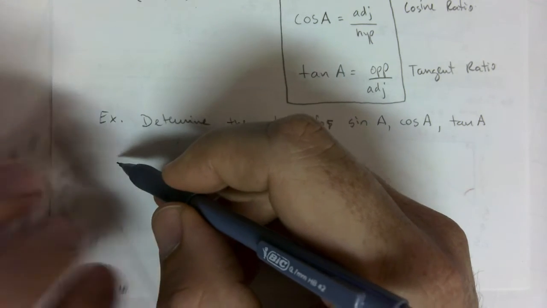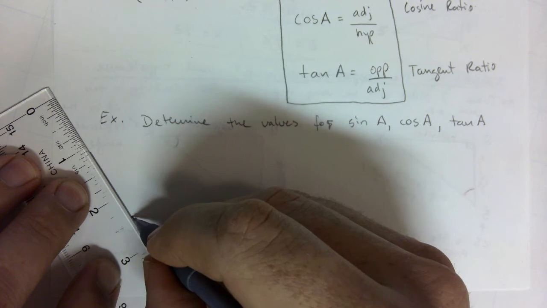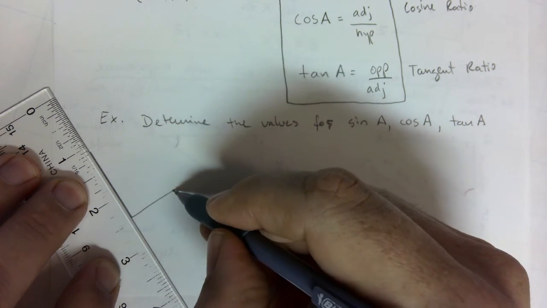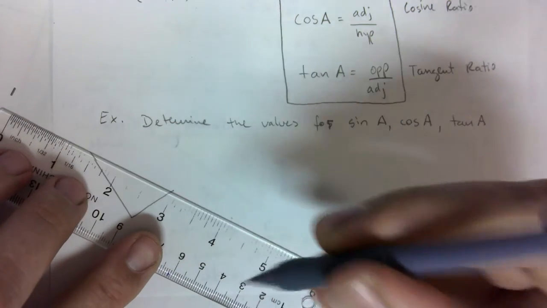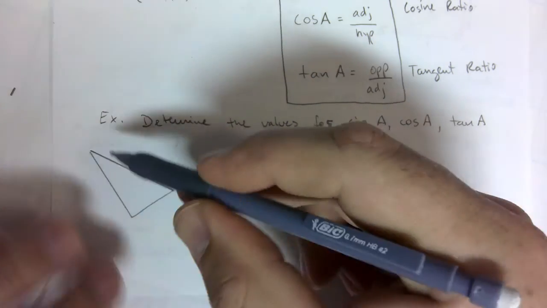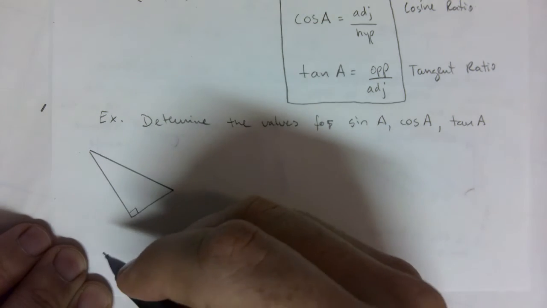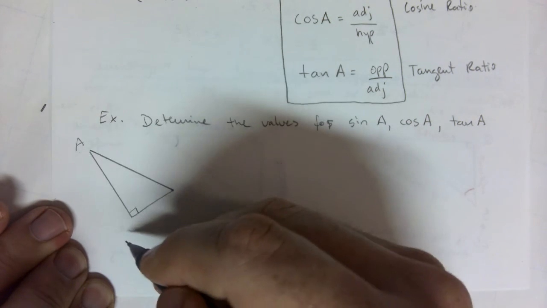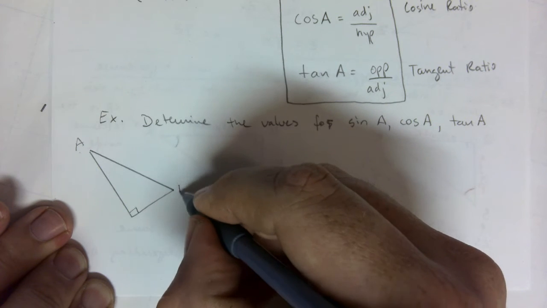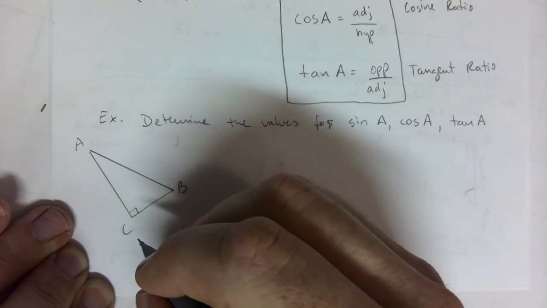So if you have a triangle like this, and let's call this A, B, and C. Usually we go clockwise when we label, but it doesn't really matter.